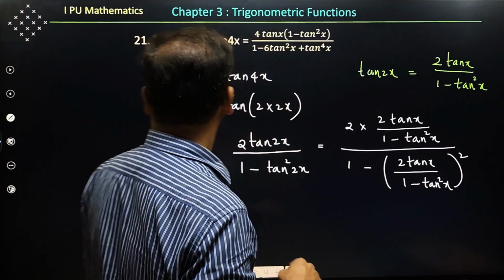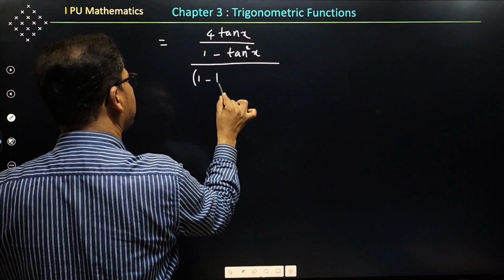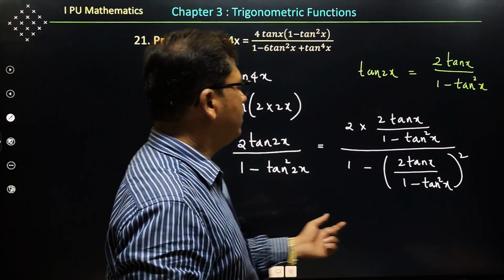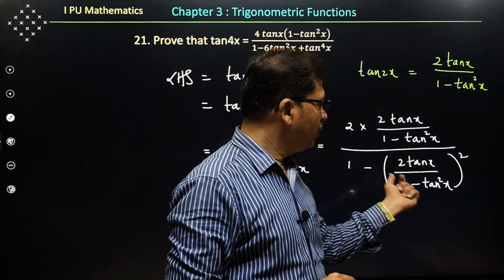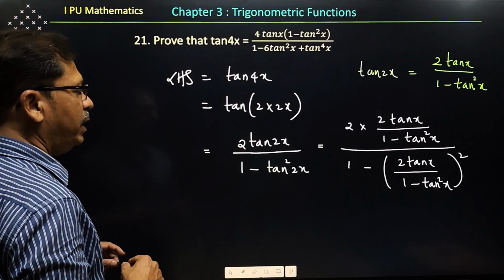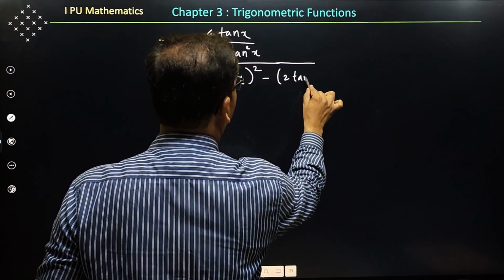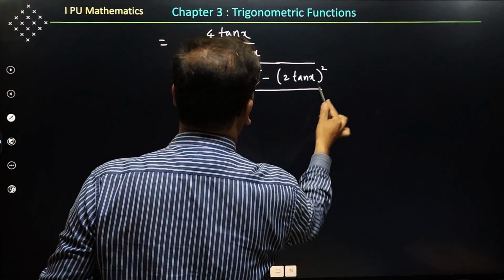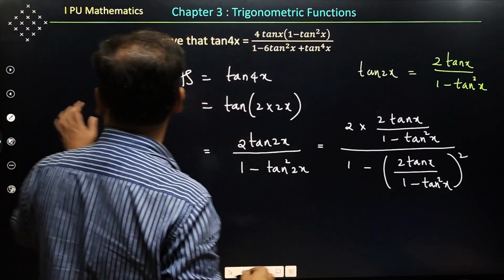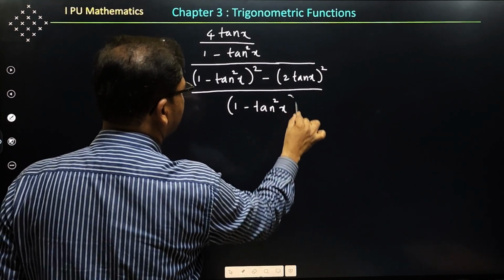This comes here: (1 minus tan square x) square whole divided by (1 minus tan square x) to the power 2, minus 2 tan x to the power 2, that is (2 tan x) to the power 2, whole divided by (1 minus tan square x) to the power 2.